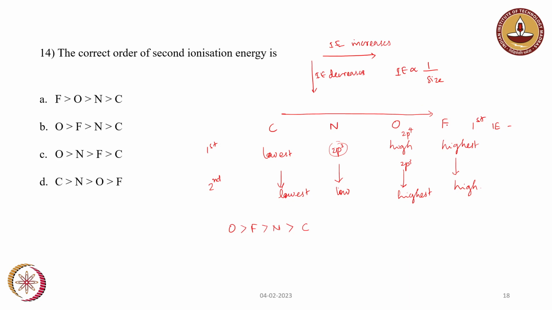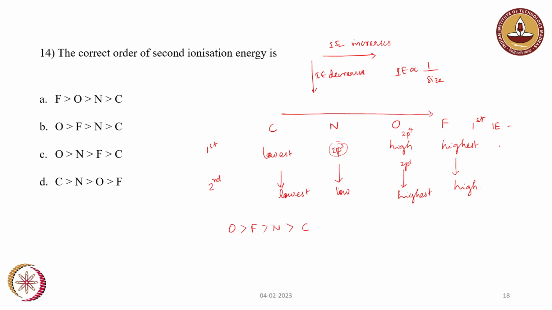So first ionization energy will be highest for fluorine, then nitrogen, then oxygen, then carbon, because nitrogen has half-filled stability, so it will require higher energy to remove an electron compared to oxygen.